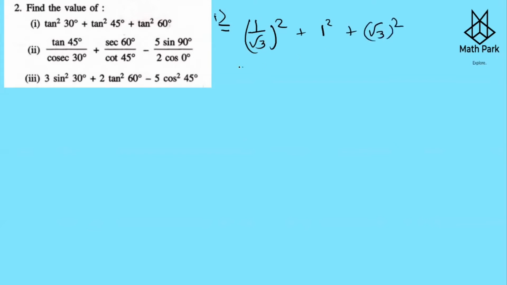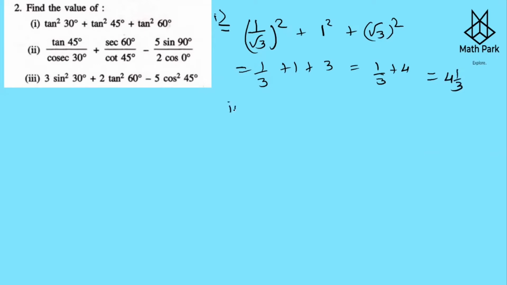So 1 upon root 3 square is 1 by 3 plus 1 plus root 3 square is 3. So this we get as 1 by 3 plus 4. So we can straight away write this as 4 1 by 3 because 4 is the whole part over here and 1 by 3 is a fraction. So 4 1 by 3 is the answer.